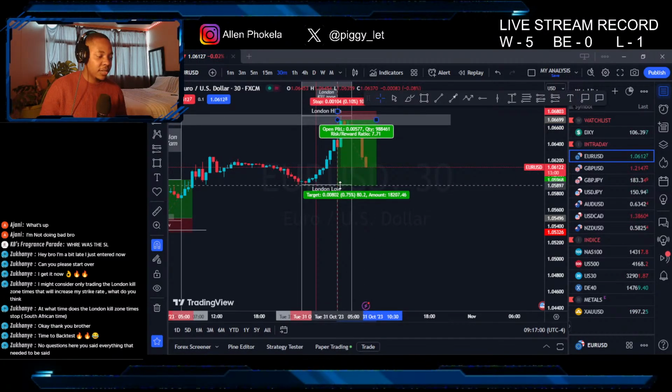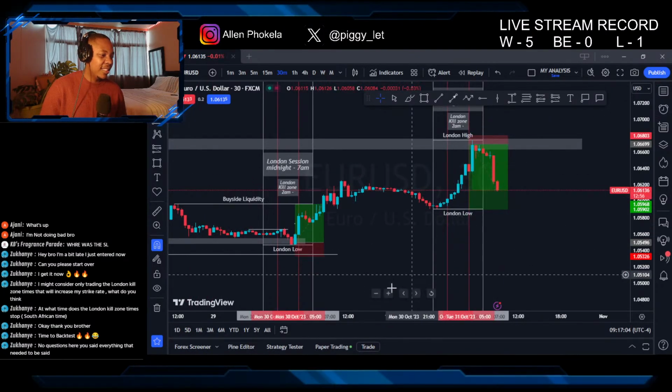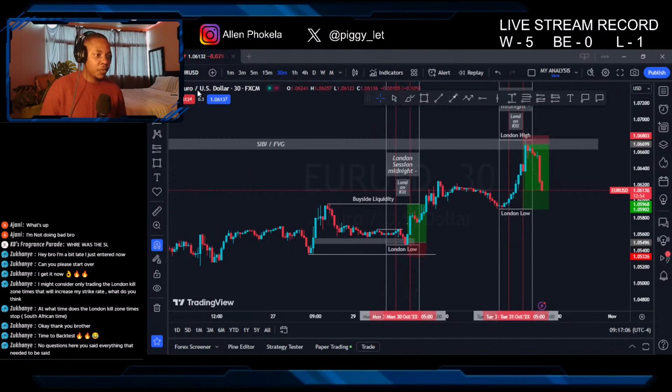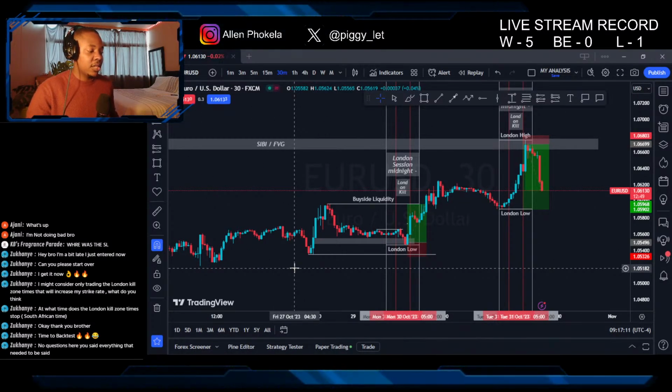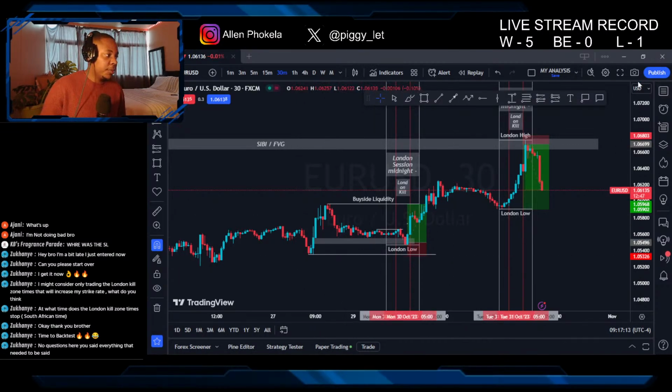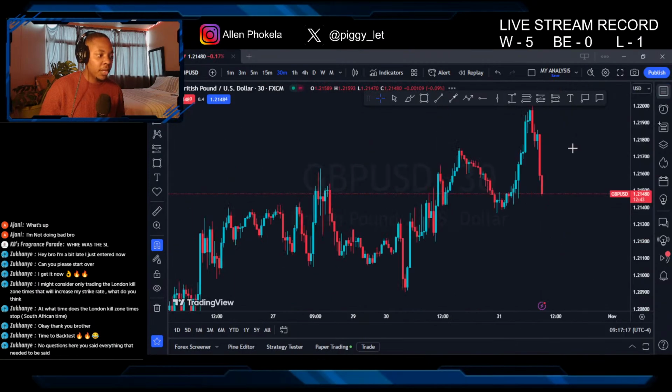So yeah, obviously if trade taken there, London low will be the target. Obviously using the EURUSD, because these are the two, EURUSD and the GBPUSD. These are the two pairs that I always look for in the London session.